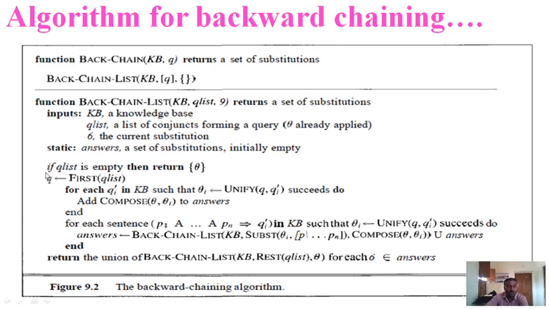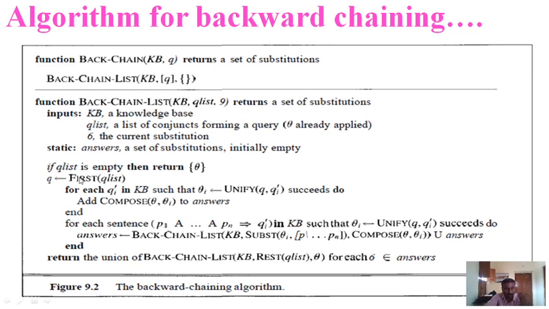Modus ponens already says two concepts: one is the substitution concept and the other is the if-then rules concept. So substitution is there, and if the Q-list is empty, then return theta. If the Q-list is empty, nothing more is returned.